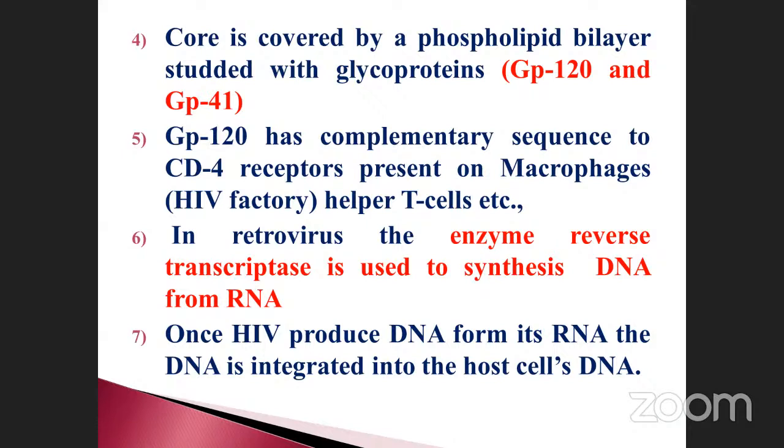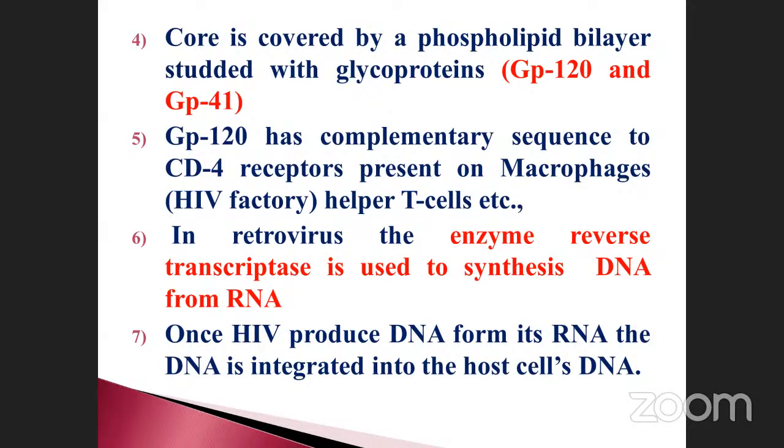The receptor is also present on macrophages. The cell membrane of macrophages contains CD4, which is also made of glycoprotein. It can be easily attacked. As a result, the virus easily attacks the T cell receptor, which is called CD4. Got it?